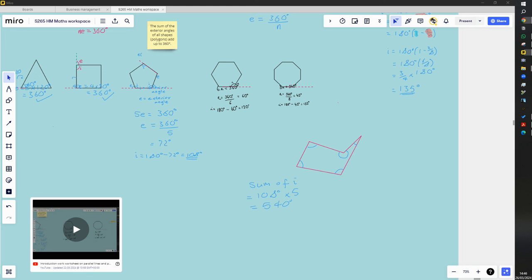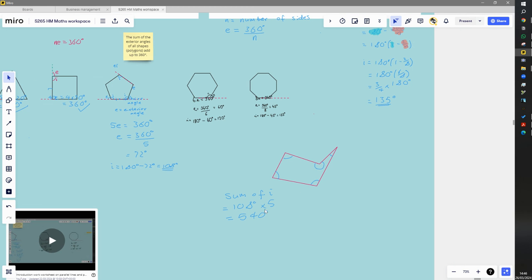So this is a pentagon, and the thing to realize about that is that the sum of the exterior angles will add up to 180 degrees. So the sum of the exterior angles will add up to 180 degrees, and so then from there you could work out what the interior angles are as well in each individual case.